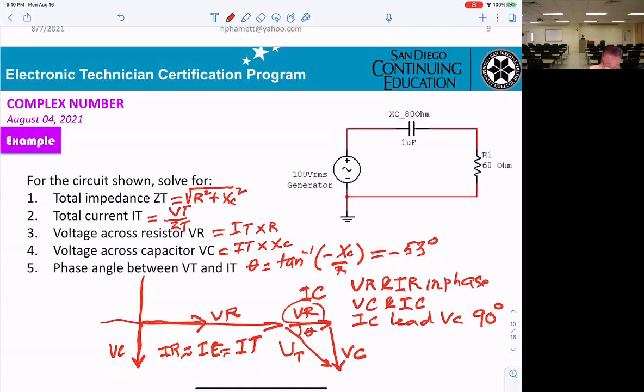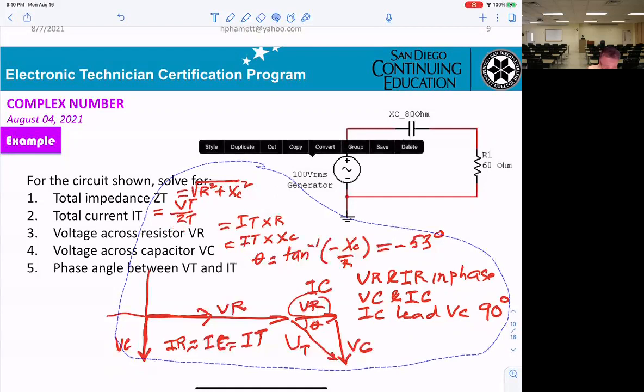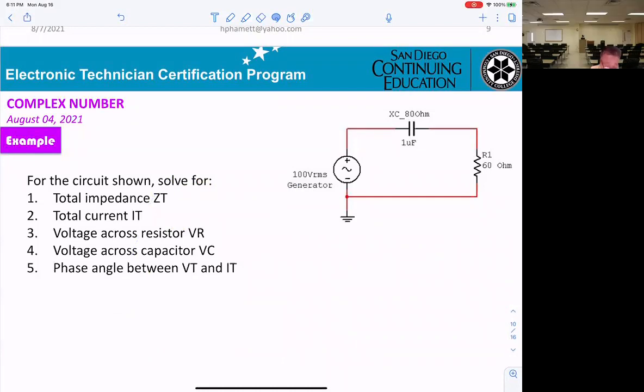Now, I try to solve it. It's the same problem, but using complex numbers.